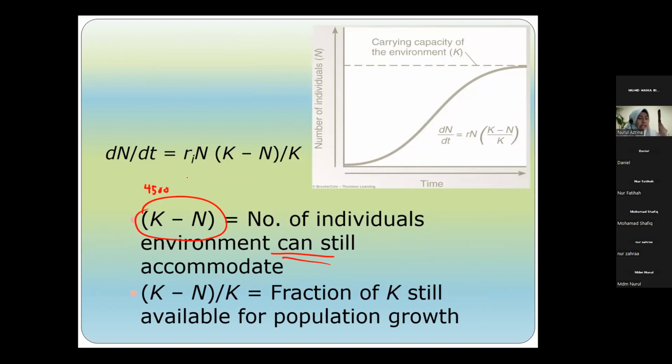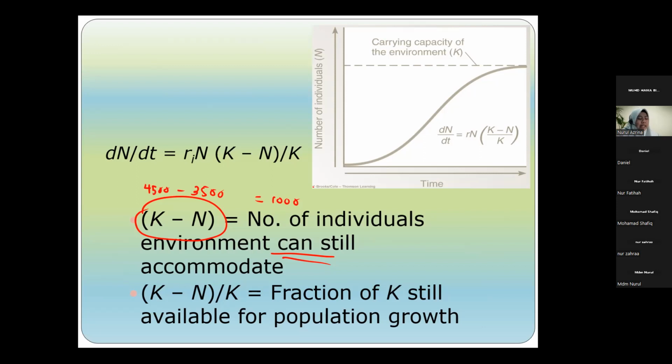Now your batch of students is 3,500, for example. So what is the balance number of individuals that can be supported by all the resources we have in CFS? You just subtract. So how many more? 1,000. So actually we can still accommodate 1,000 students. So that is K minus N.